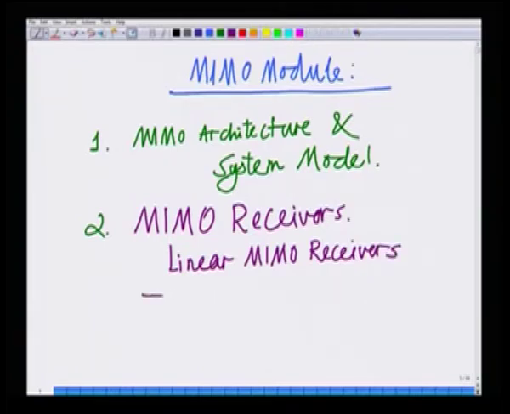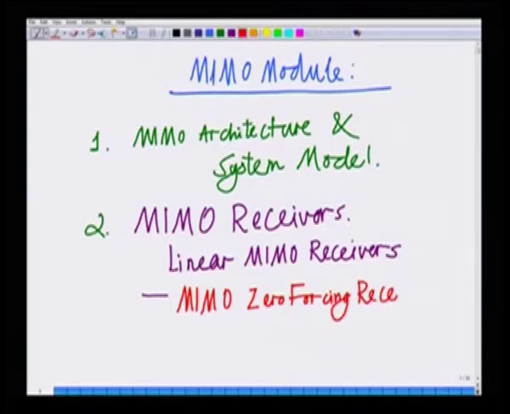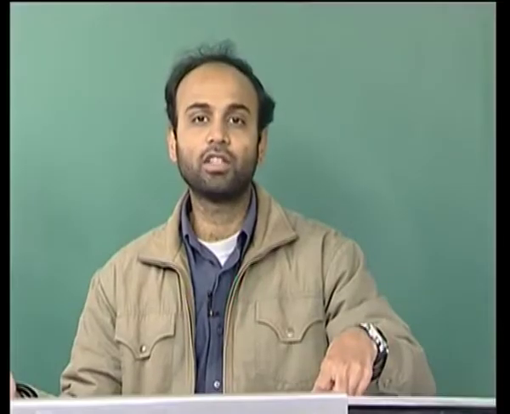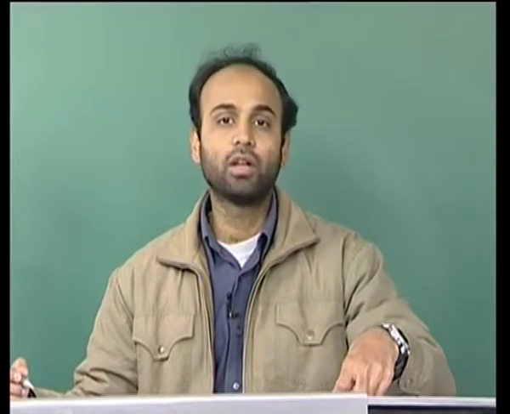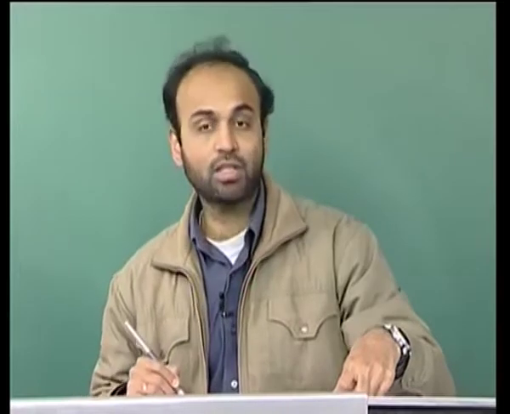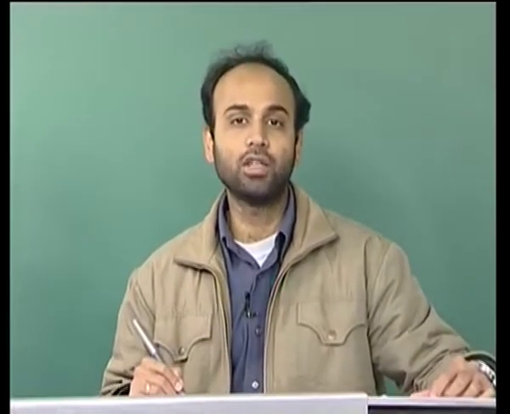One linear MIMO receiver is the MIMO zero forcing receiver, simply abbreviated as MIMO ZF. It employs the left inverse of H, or the pseudo inverse of H, when the number of rows of H, or the number of receive antennas, is greater than or equal to the number of transmit antennas. And we also said that one disadvantage of the MIMO zero forcing is that it results in noise enhancement.